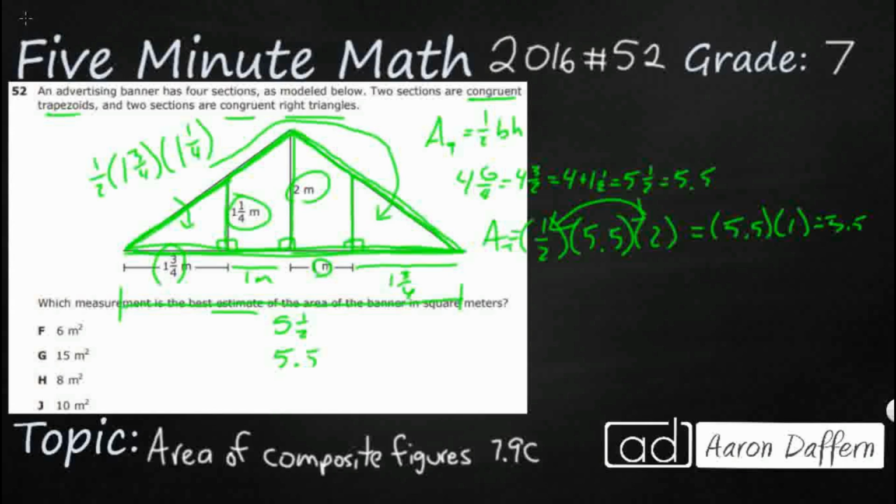Now, the area of a trapezoid is a little bit trickier. Check this out. The area of a trapezoid is 1/2 times base 1 plus base 2, times your height. So now we've got to do 1/2. My first base would be the 1 1/4, plus second base is 2.